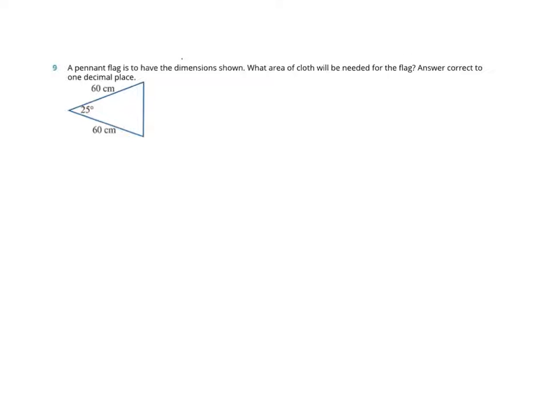The pennant flag is to have the dimensions shown. What's the area of the cloth needed for the flag? They pretty much just want the area of this triangle. If you look at your formulas for area of a triangle, there's only one that has an angle, and that's the sine rule. So if I label up this A, B, and C, and then call this little a, little b, little c, I'm going to use the area formula that has the angle A in it, because that's what I've got.